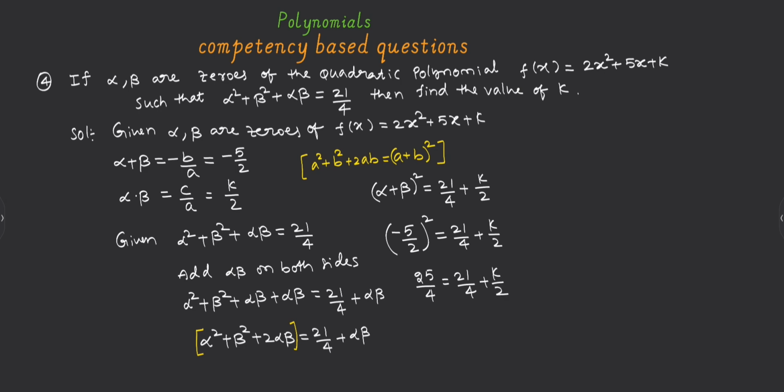Transpose 21 by 4 to this side, then we get k by 2 is equal to 25 by 4 minus 21 by 4. So k by 2 is equal to 25 minus 21 by 4. 25 minus 21 is 4, so that is 4 by 4, which is 1. So k by 2 is equal to 1, that is k is equal to 2.